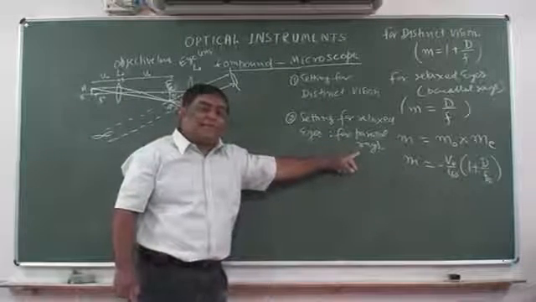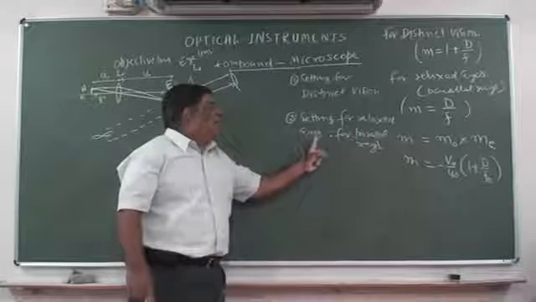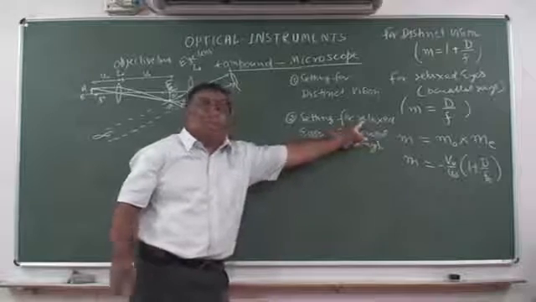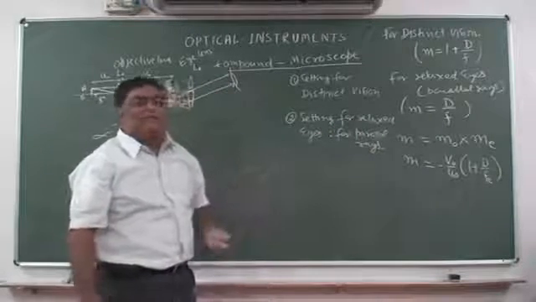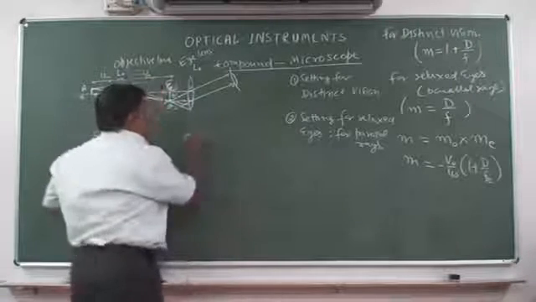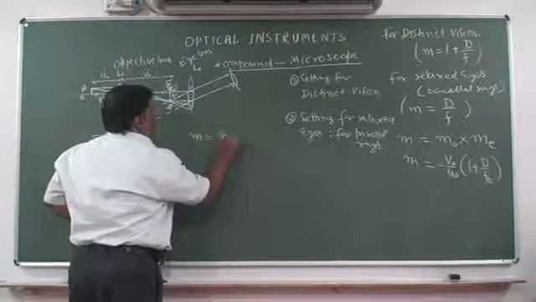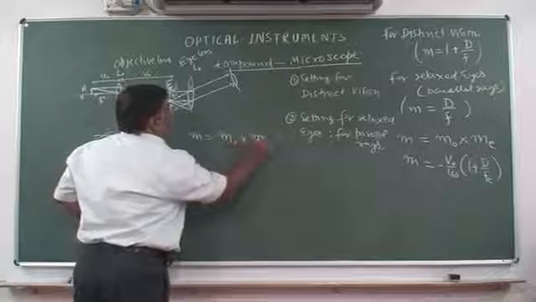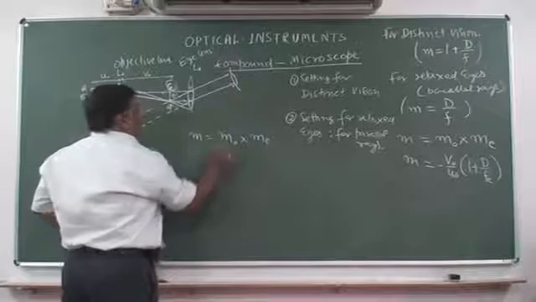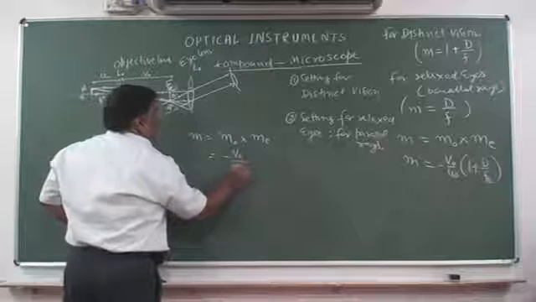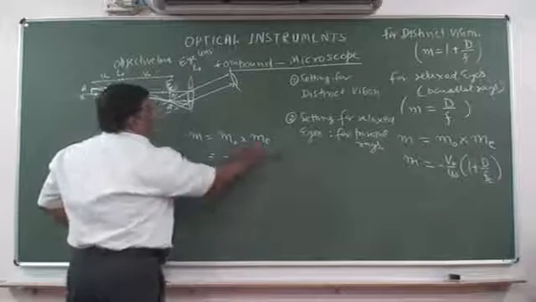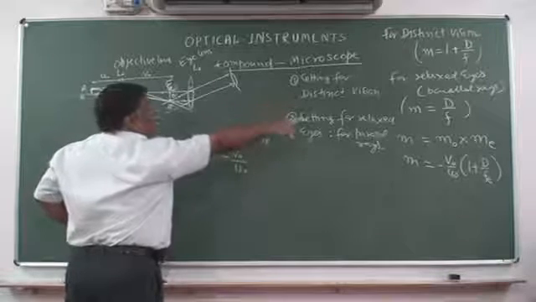Why should we do this setting? When we do this setting, how our eyes remain? Relaxed. So we can work for longer time. Is there any effect on magnification? Answer is yes. The magnification is magnification of objective by magnification of eyepiece. Magnification by objective, we have just seen V of objective and U of objective. Magnification of eyepiece for relaxed eyes.